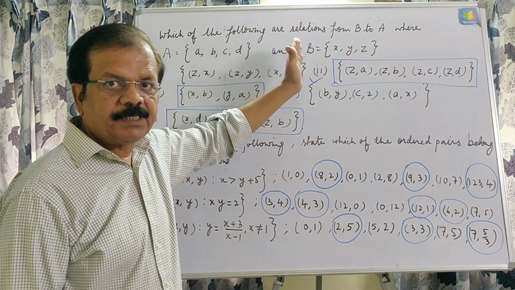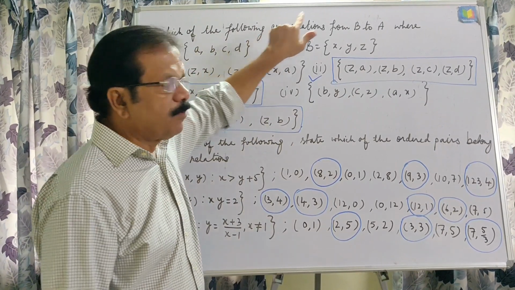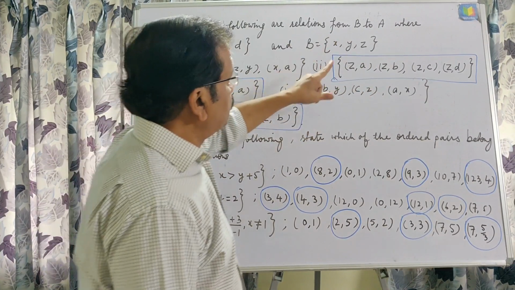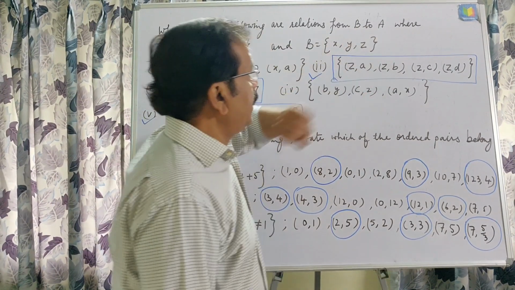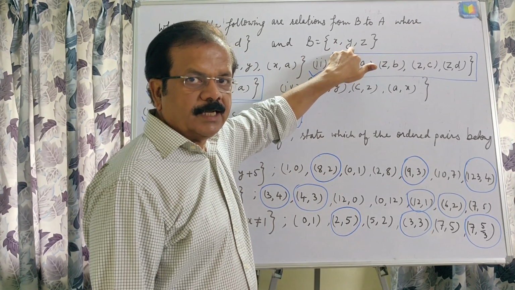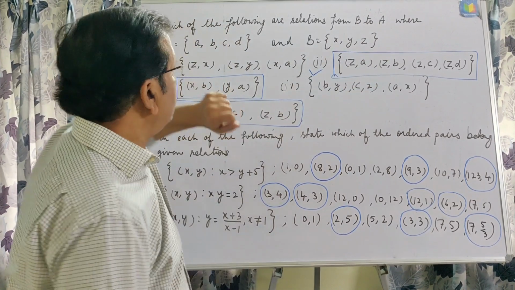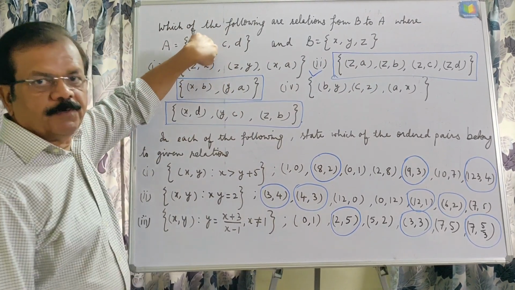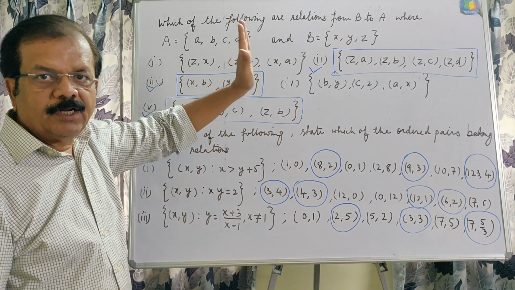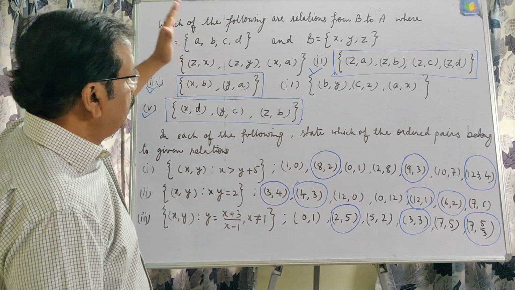To find the relations from B to A, we write the Cartesian product B cross A, which means the first element should be from B, that is x, y or z, and the second element should be from A, that is A, B, C or D, any one. And then how can we find this?